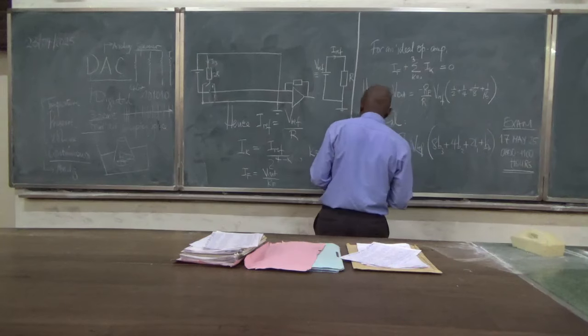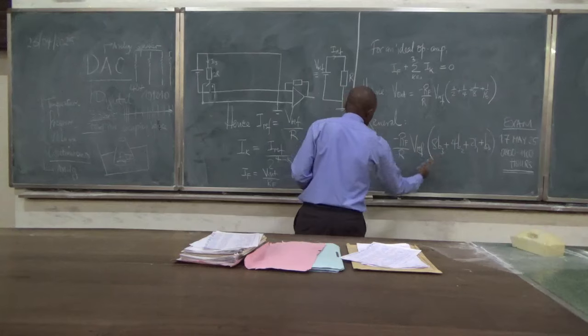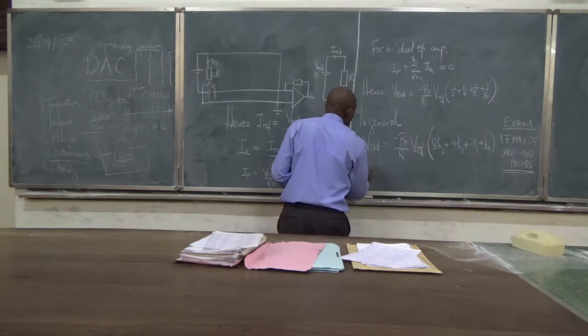This is for n bits. This is for up to 3 bits. For n bits, sorry, small n.